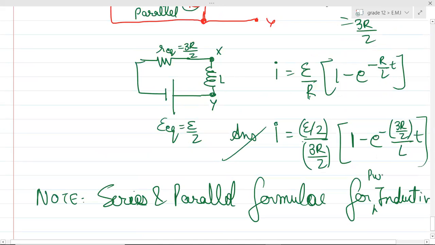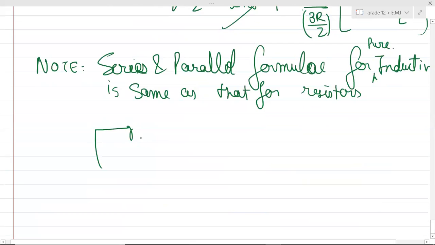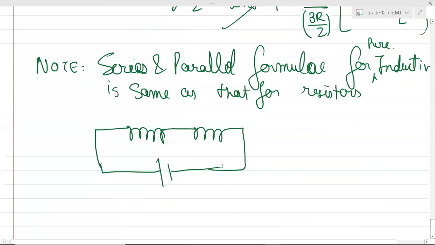The formulae for a pure inductive circuit are the same as those for resistors.